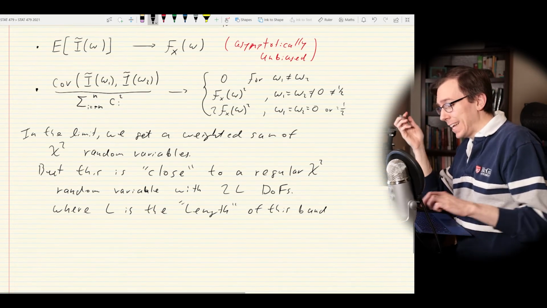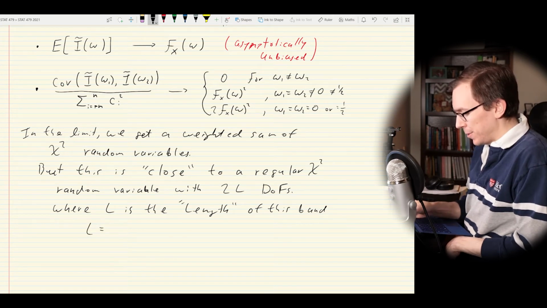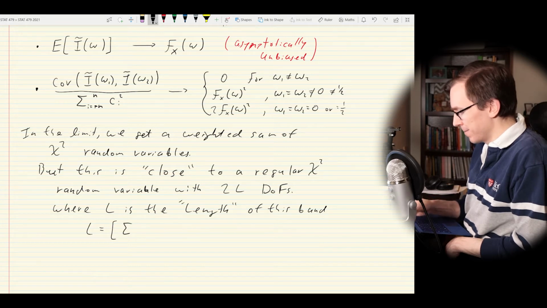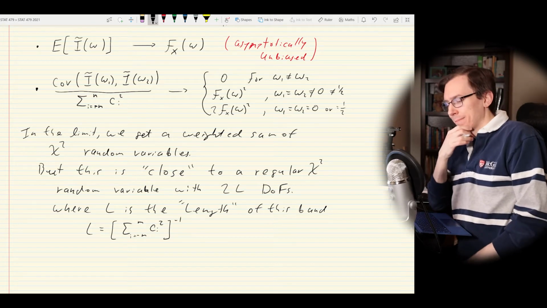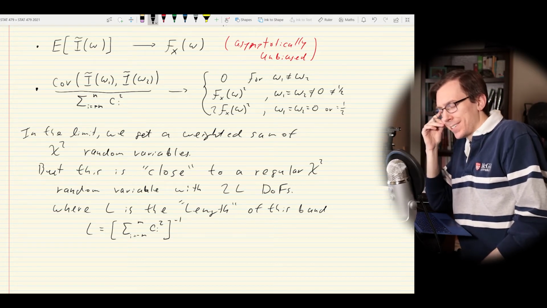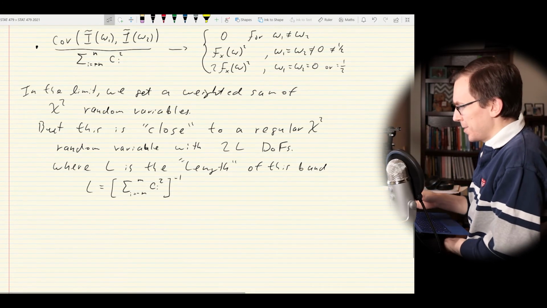What we define the length to be is that L is the sum of all those coefficients, from minus m to m of ci squared, to the minus 1. You look at that and you think to yourself, why in the world is that supposed to be the length? Well, let's do an example.